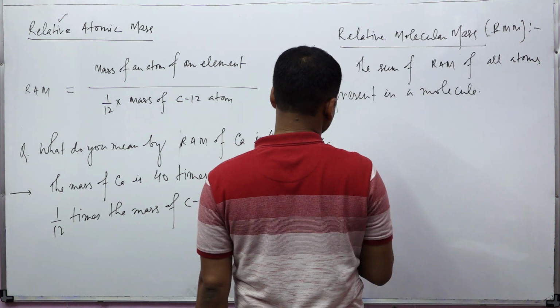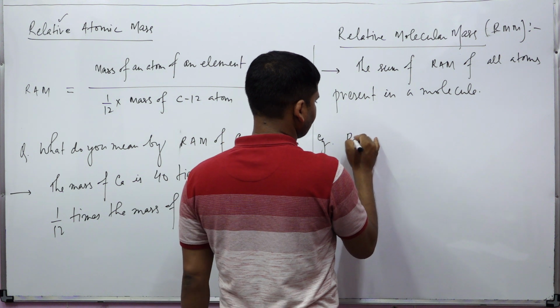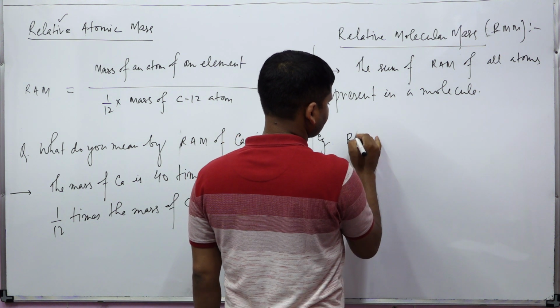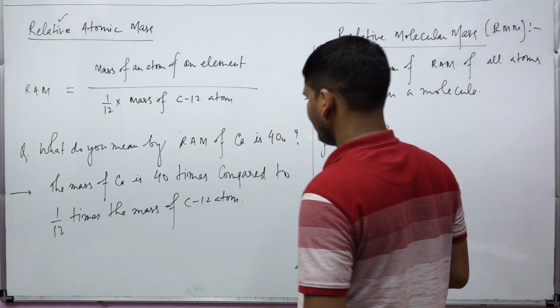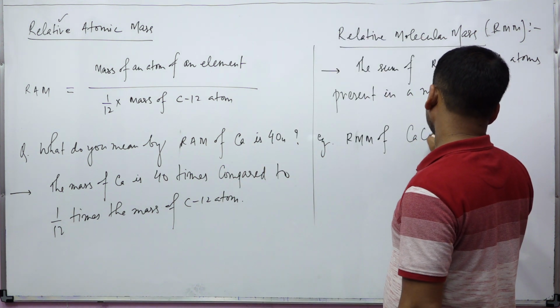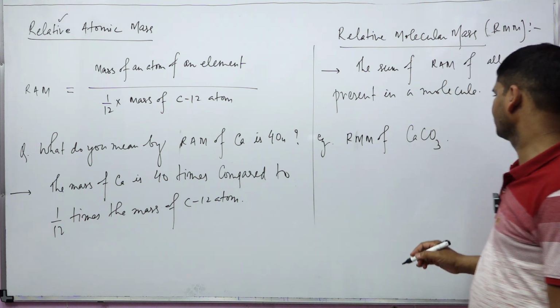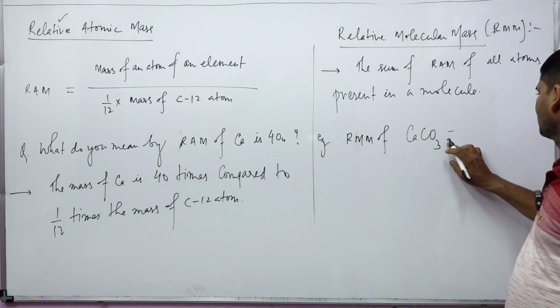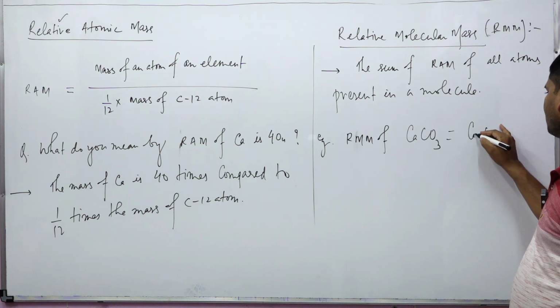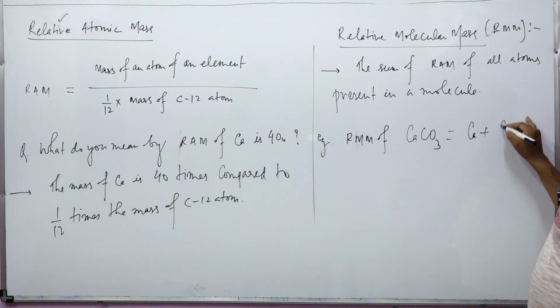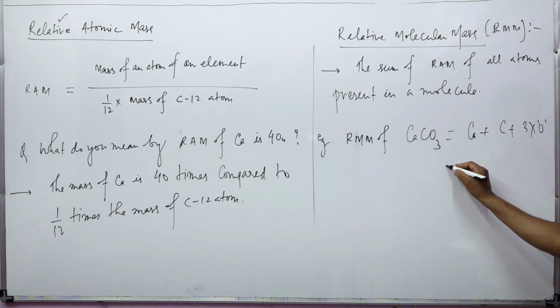For example, relative molecular mass of CaCO3 means you have to calculate for calcium, for carbon and 3 atoms of oxygen.